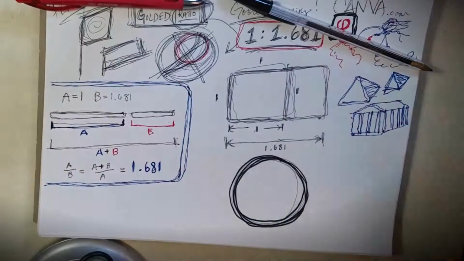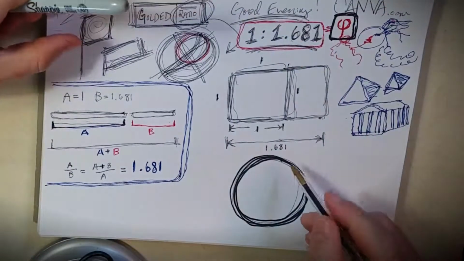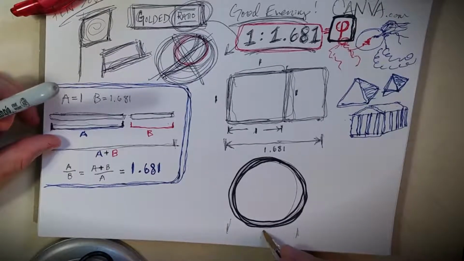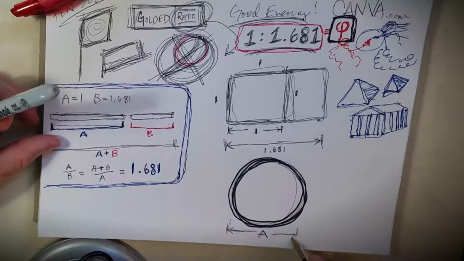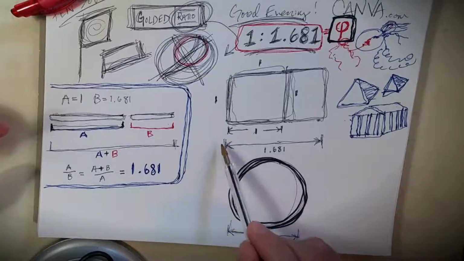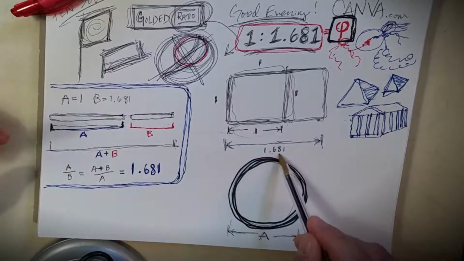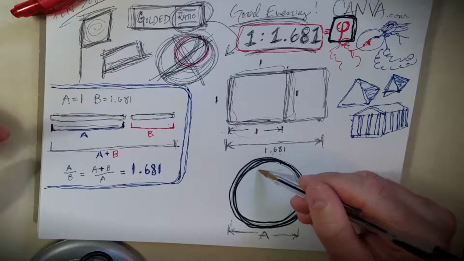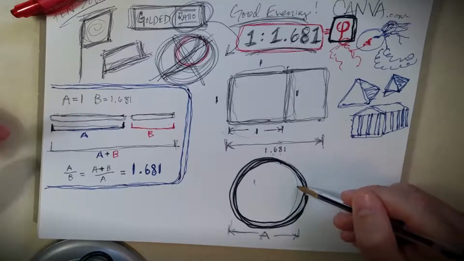Now if we consider this diameter of this circle to be A, we're going to use that as A. So if that's our unit, then we take 68.1% or 0.681, and we make roughly not half but just over half. So like right there to there.